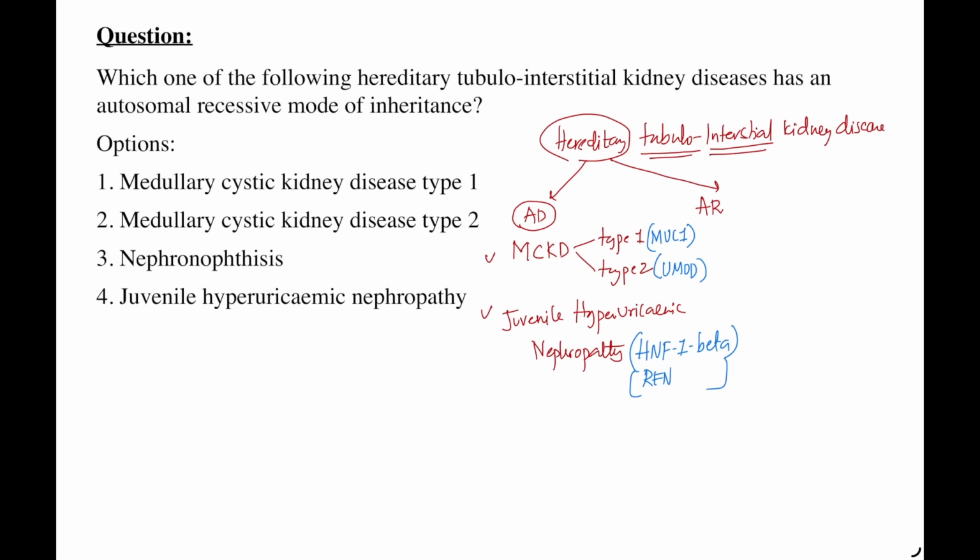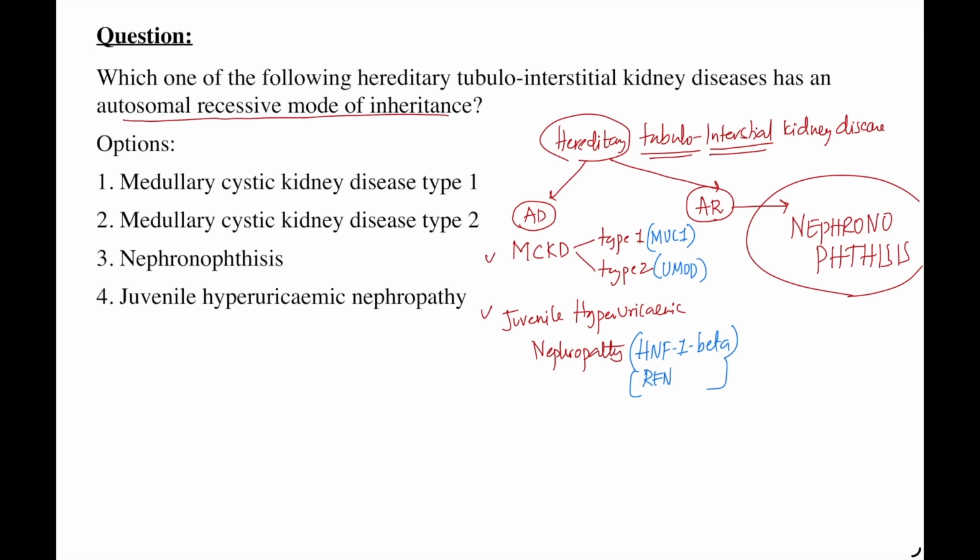Now, autosomal recessive is our topic of interest because in the exam they have asked which one of the following conditions has an autosomal recessive mode of inheritance. So the answer is nephronophthisis. This nephronophthisis is a common cause of pediatric end-stage renal disease.